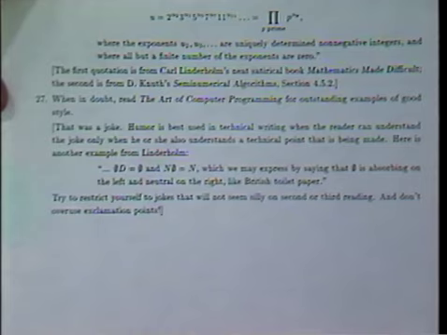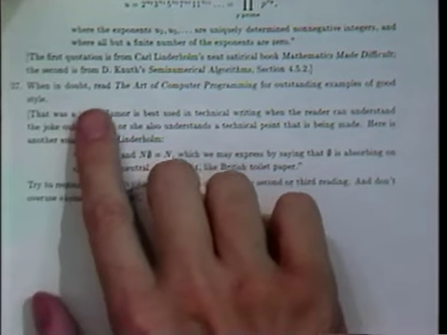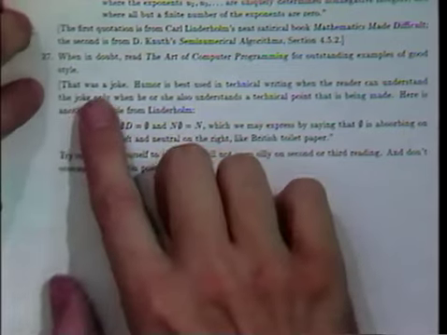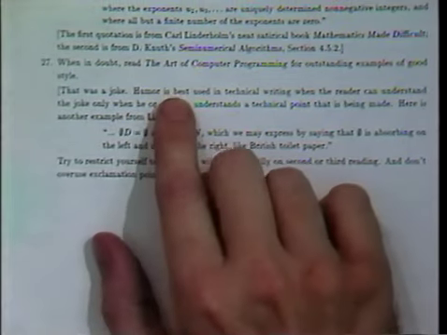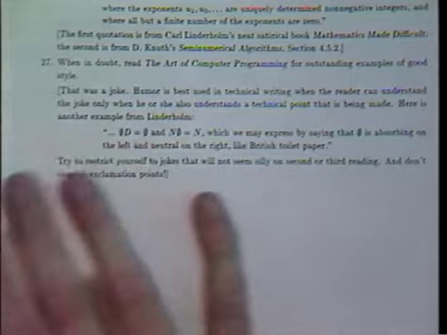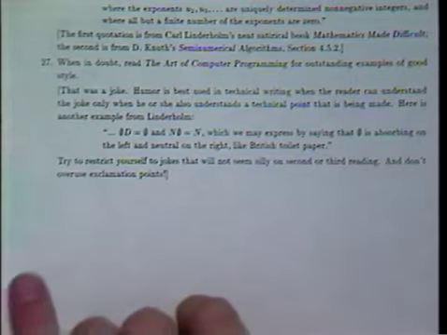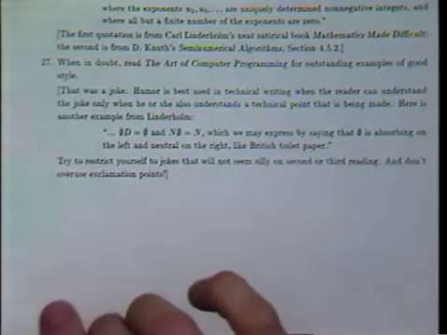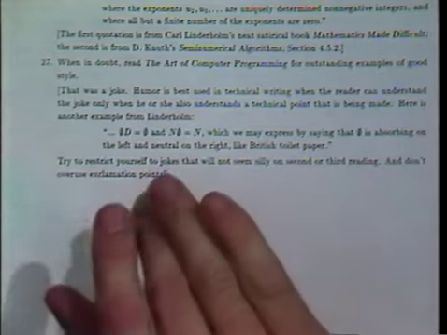Now, rule 20.27: when in doubt, read my book for outstanding examples of good style. This was a joke, and humor is something very important, I think, to mention in writing. I think it helps to keep a light attitude to the subject.